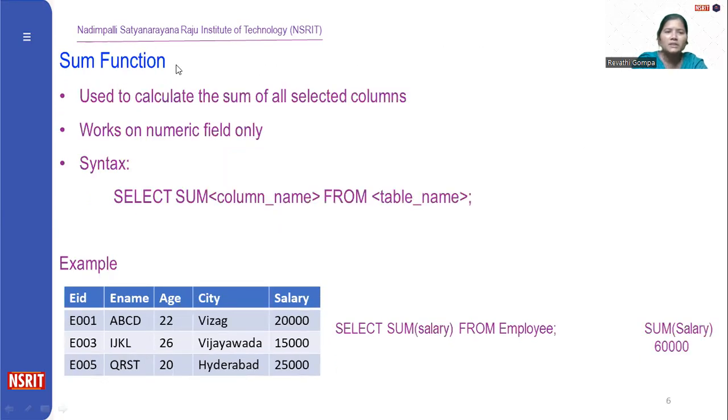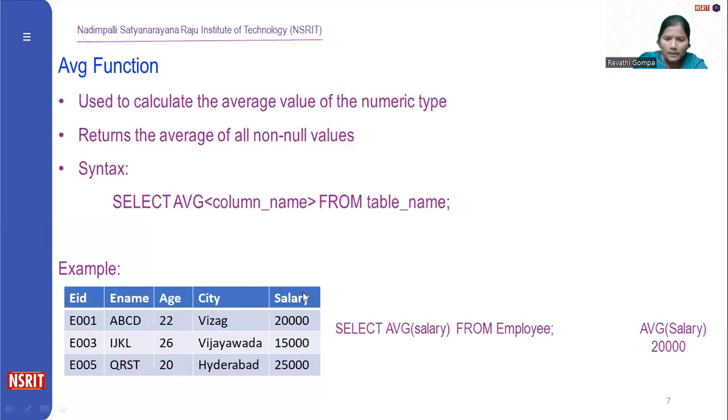The next one is the sum function. It is used to calculate the sum of all values in the selected column. The syntax is select sum of column name from table name. Here the example is select sum of the column salary from the employee table.